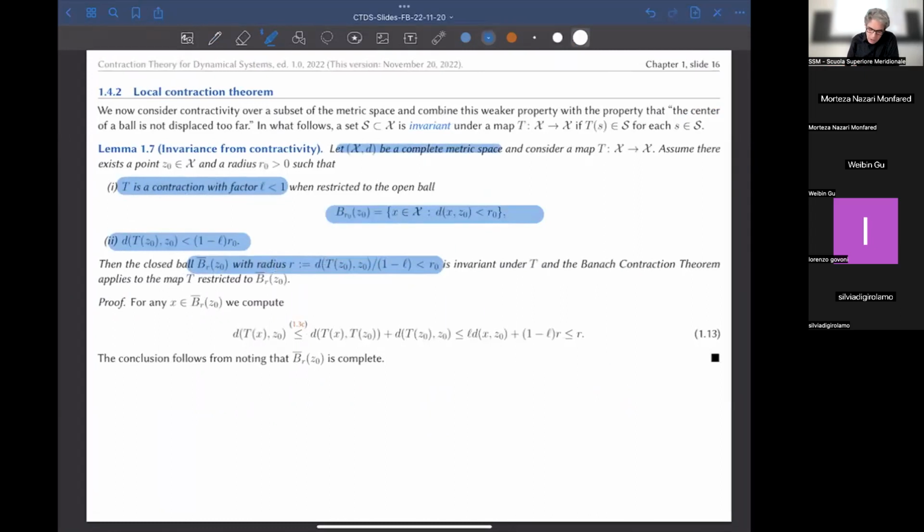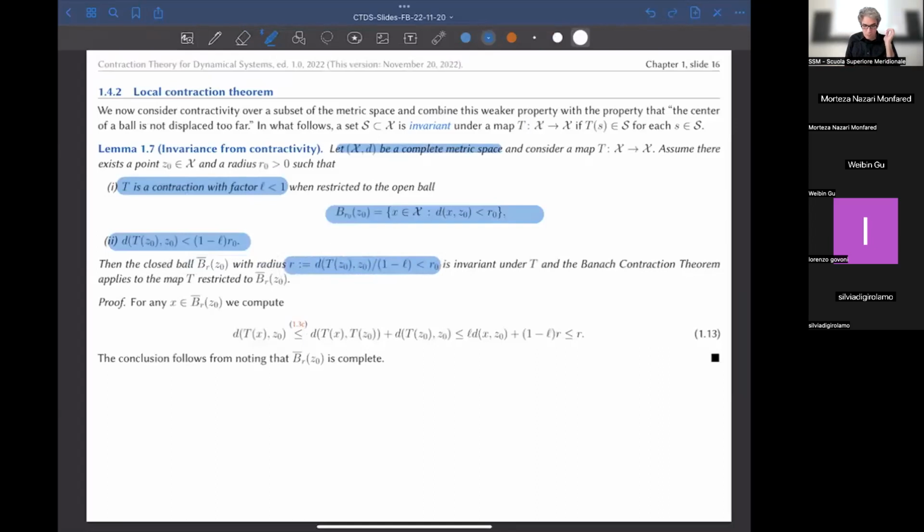No, actually, I'll let you read the details. It's not R1. It's actually determined by T of Z0. That closed ball is invariant under T, which means that if you start inside this new radius R, you remain there. And when you now restrict your map to that small invariant ball, you can apply the Banach contraction theorem to that.